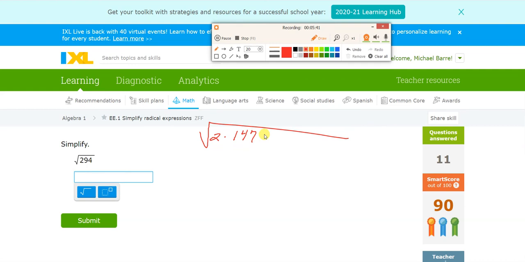What goes into a 147? A 3 maybe? 49. Okay, there it is. So this is 2 times 3 times 49. Really, if you do that, 2 times 3 times 49 gets you back to the 294. Well, square root of 49 is 7, and what's left inside is a 6. So 7 square root of 6.